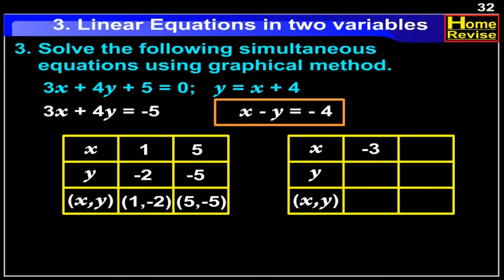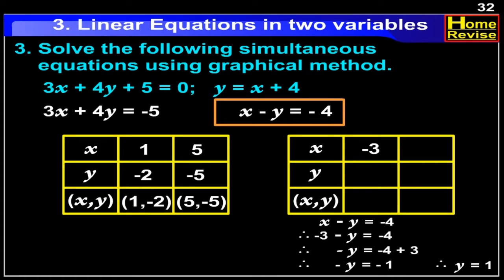Taking value of x as minus 3 and substituting in this equation, we get y is equal to 1. Therefore, the coordinates of x and y are minus 3, 1.